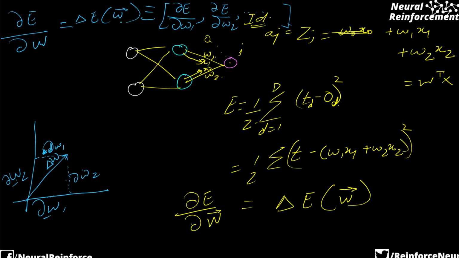Okay, so now instead of computing delta E by delta W, we can actually compute two different things, delta E by delta W1. What will this give us? This will give us a partial differentiation of the error with respect to this linkage.